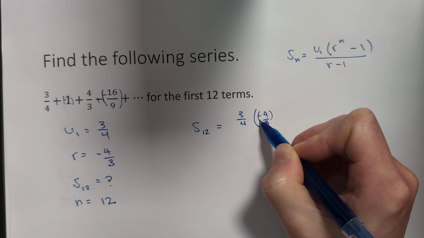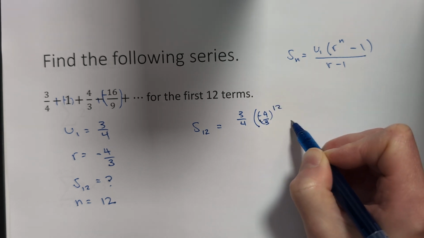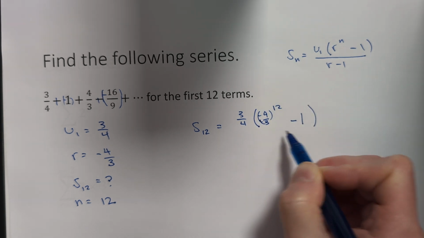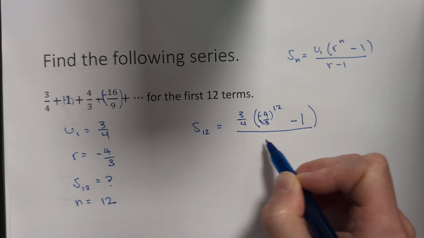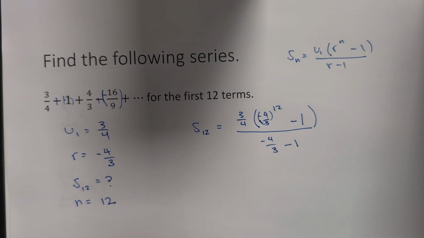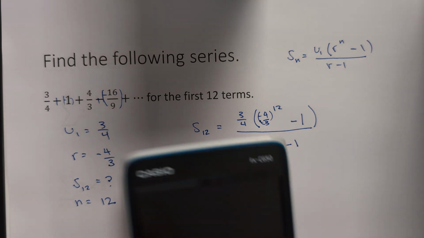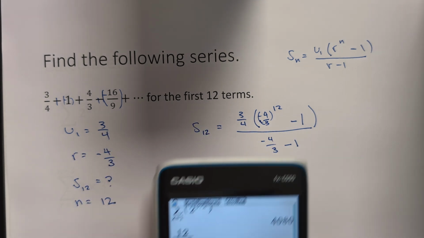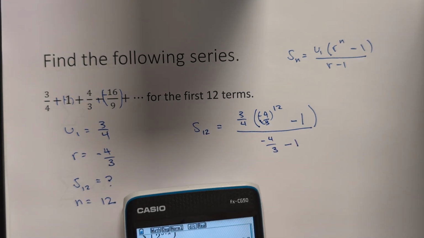-4/3 here, to the n. And this is where you need to be careful that it's very clear that it's not in the exponent, r -4/3 minus 1. Grab my calculator, and I already did this out here. So if you put this in, you can use the fraction button right here.